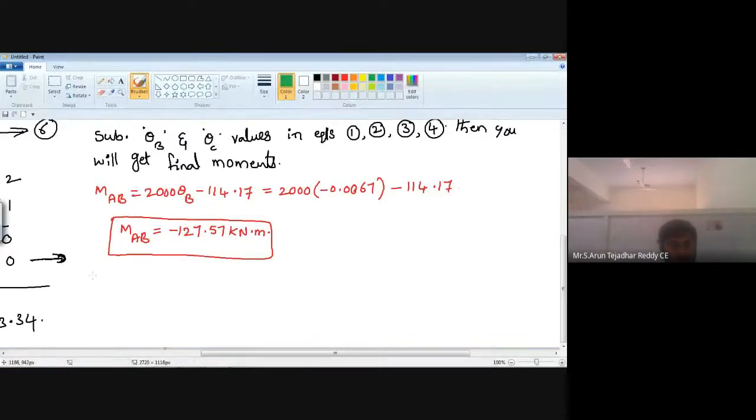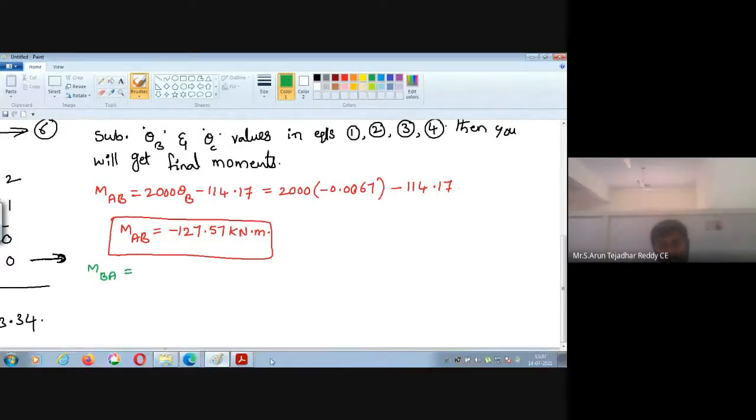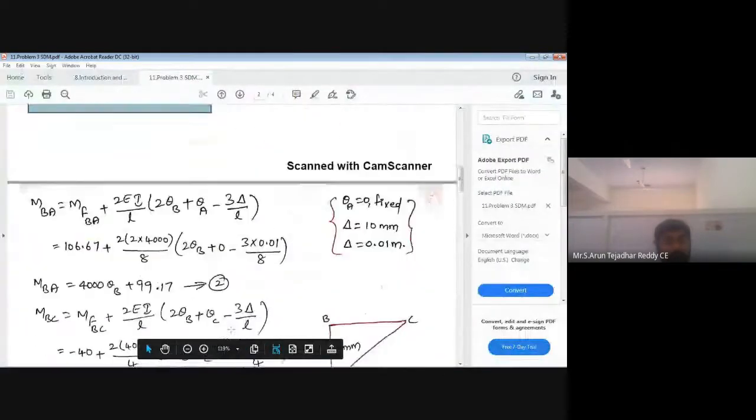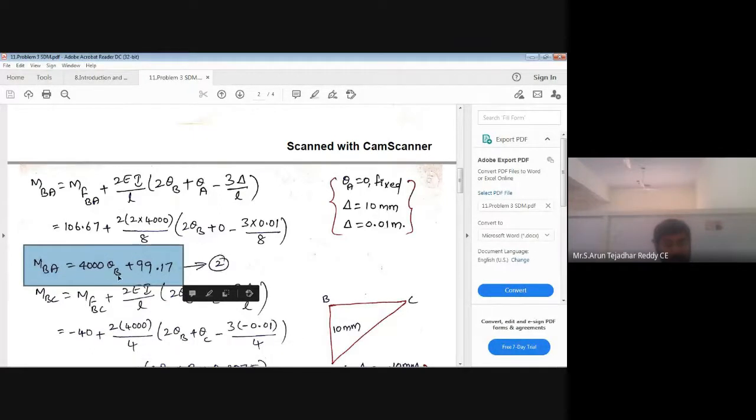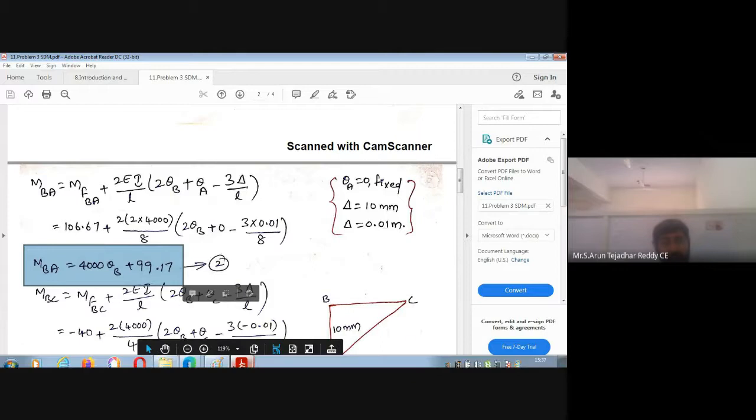Now, what is the second equation? MBA is equal to 4000 theta B plus 99.17.